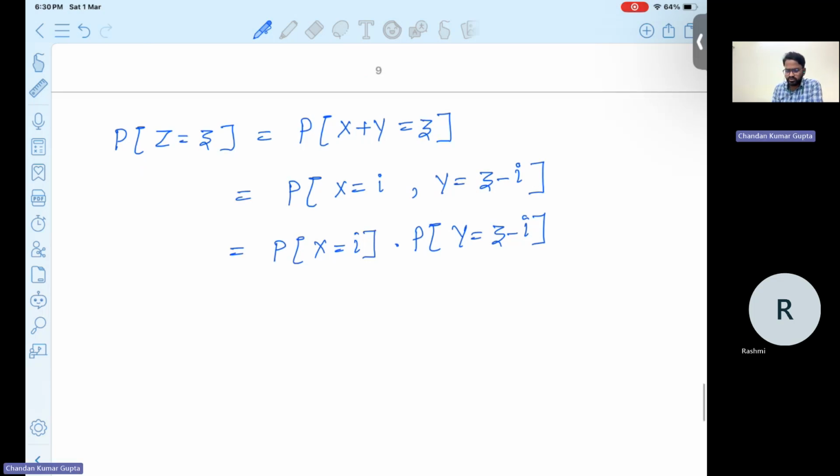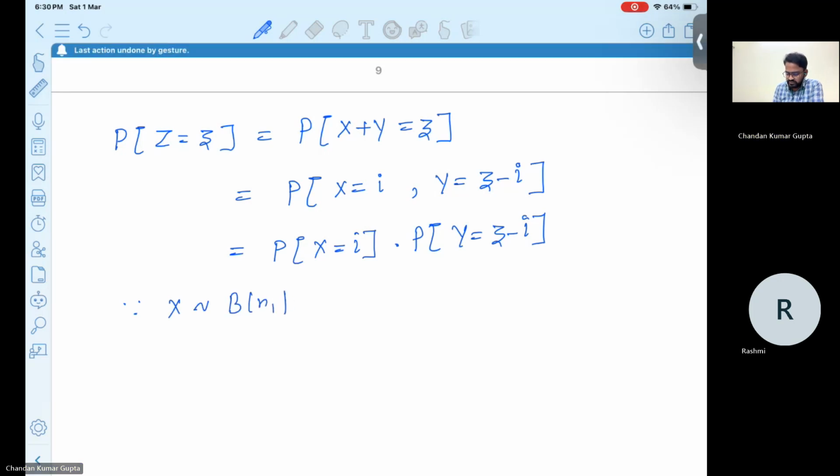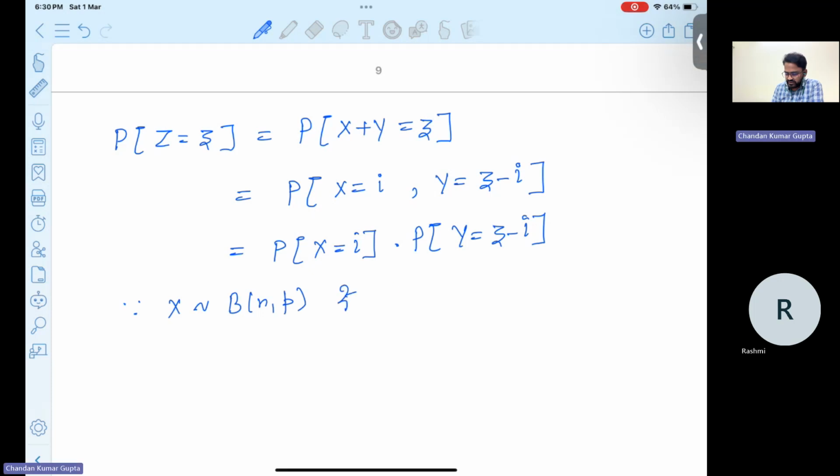Now we already know X follows binomial n, p and Y follows binomial n, p.